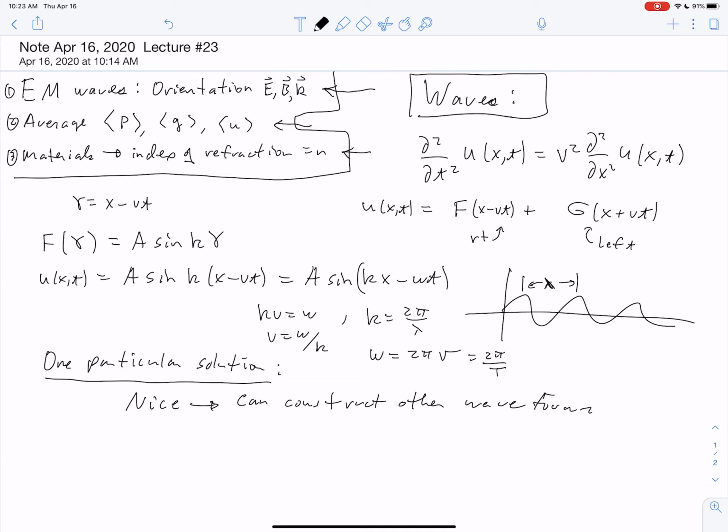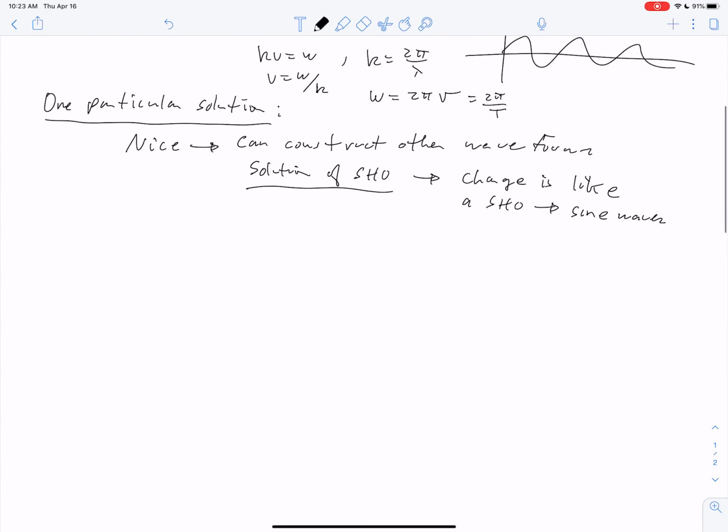And it's the solution of a simple harmonic oscillator. And so often charge in a material is like a simple harmonic oscillator, and so then it often leads to sine waves. So that's why we love the sine wave.